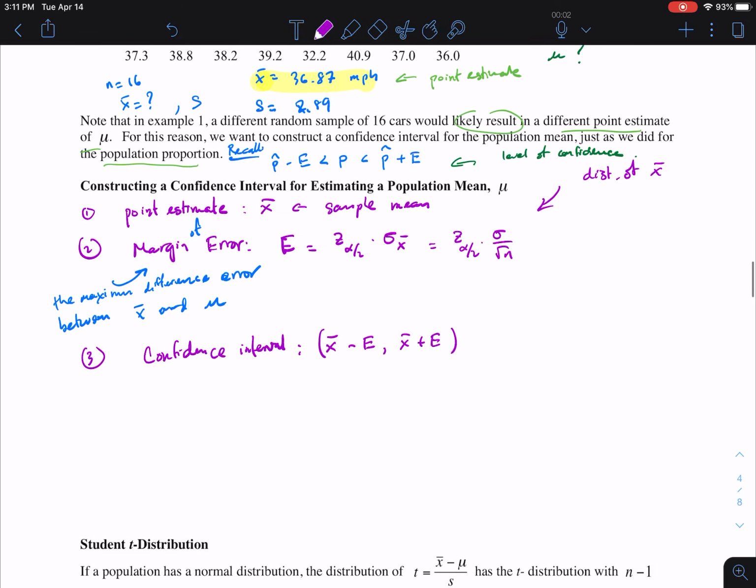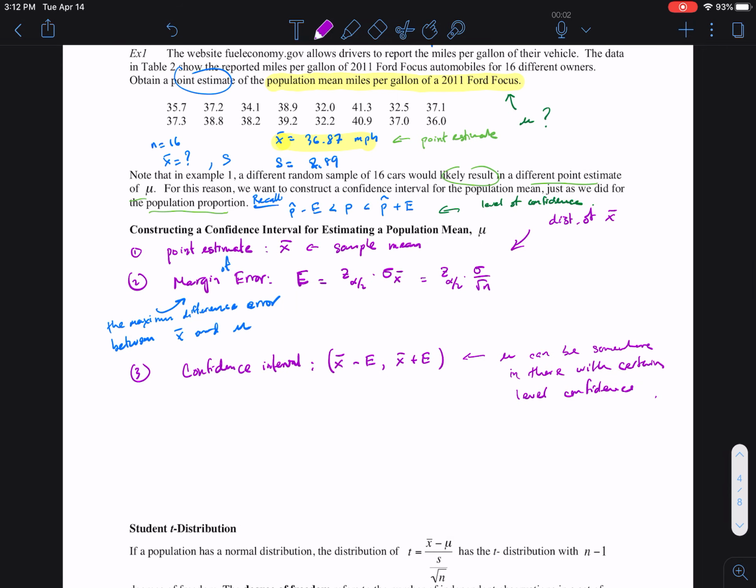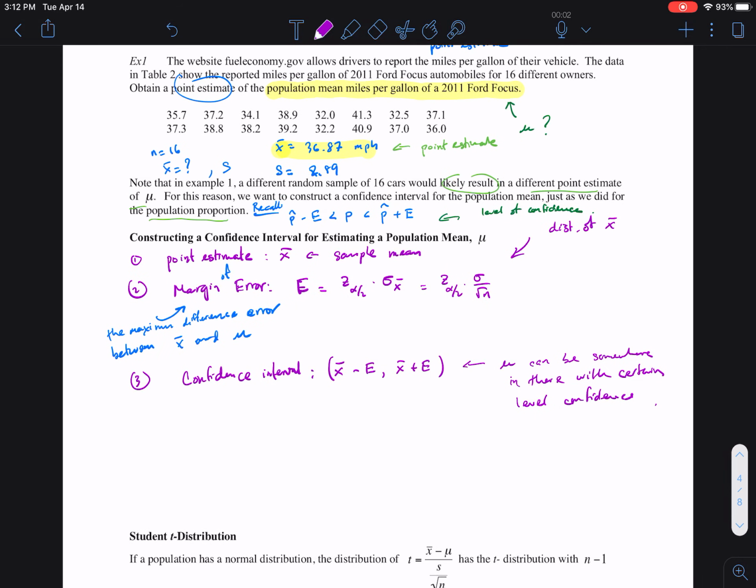And then we say that mu can be somewhere in there with a certain level of confidence. So that's very similar to what we did last lesson with estimating a proportion.